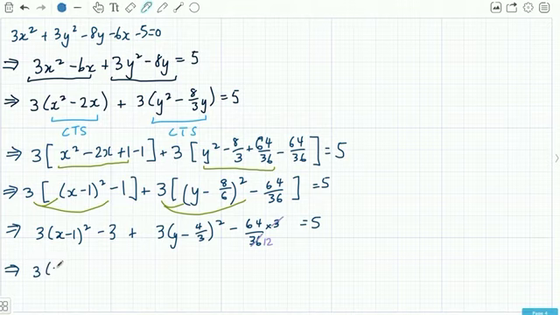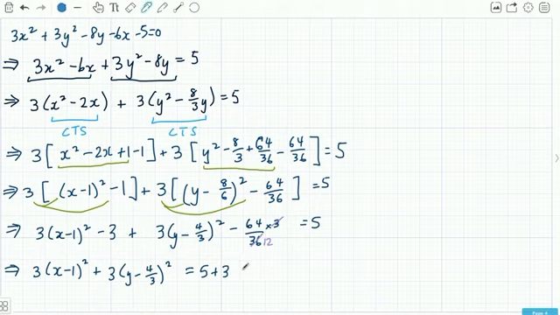I'm just going to put the parts together here where we've got squared parts, so the 3 and the y minus 4/3 squared. Okay, this minus 3 I'm actually going to put over to the other side as a plus.